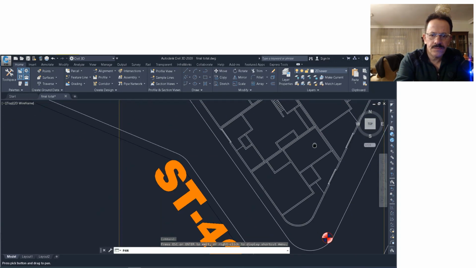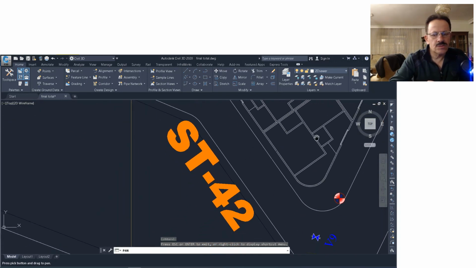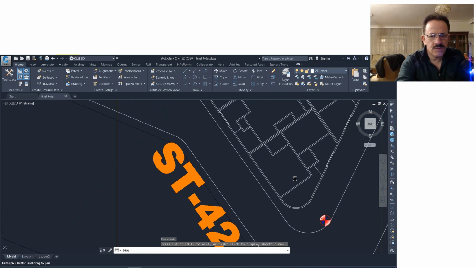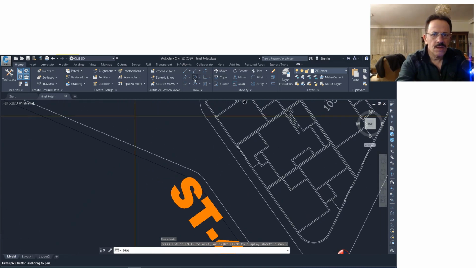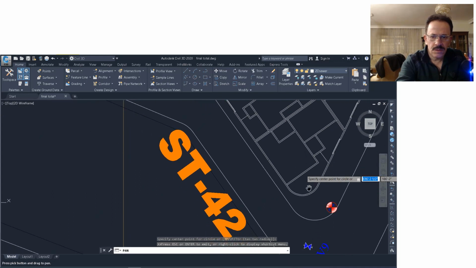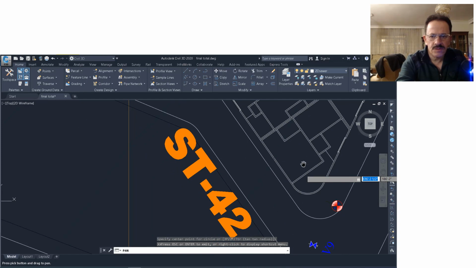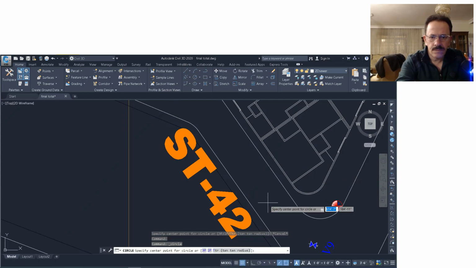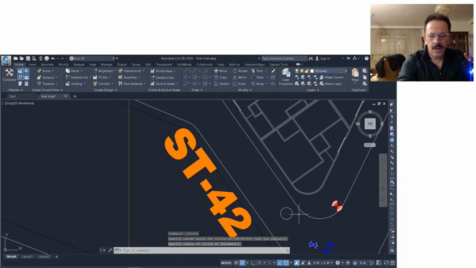Here's my block. I advise you to start by putting the manholes. First of all, draw a circle, and here I will start. Here's my first manhole. Now after this, I advise you to copy, and the copy option in AutoCAD is very easy.